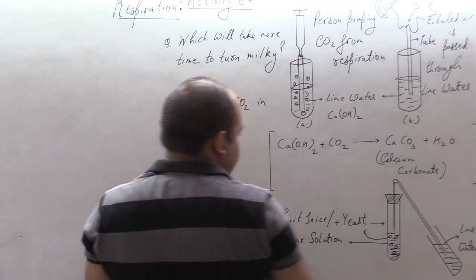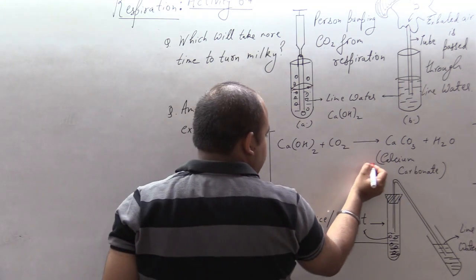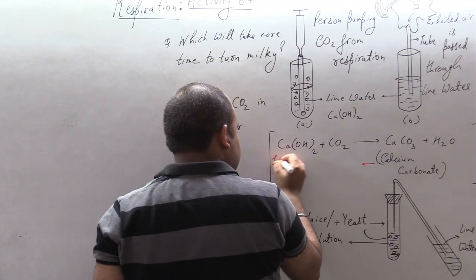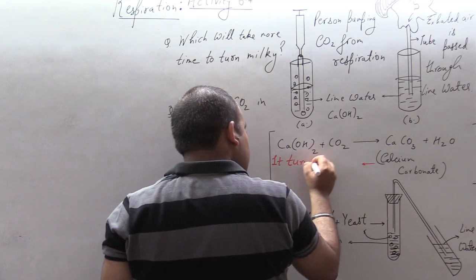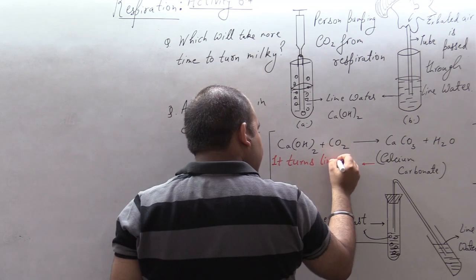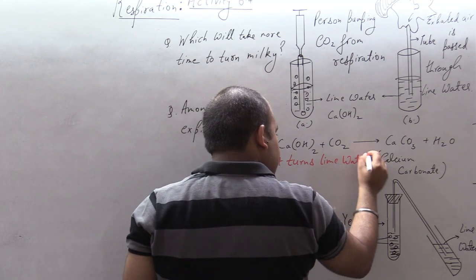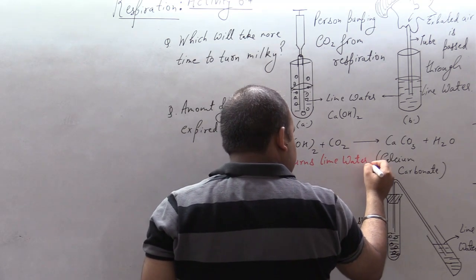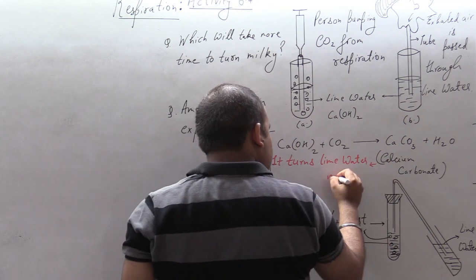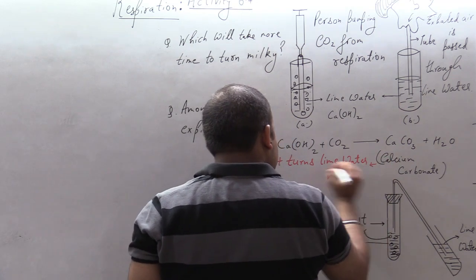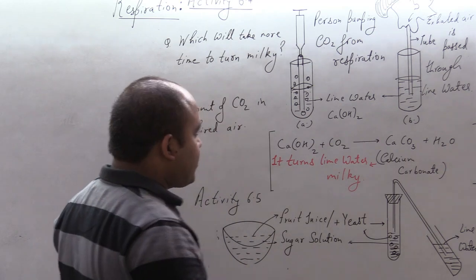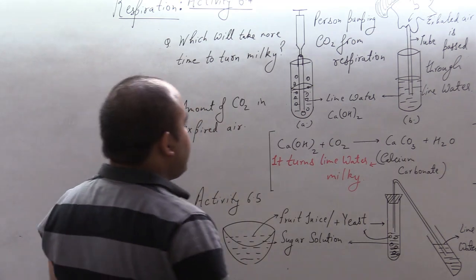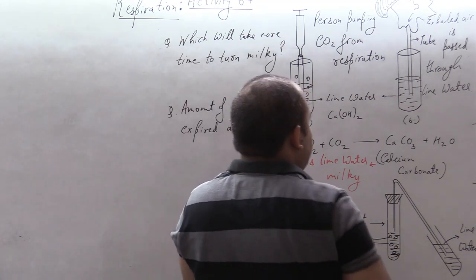Presence of calcium carbonate turns lime water milky. It is the one that is responsible for turning the lime water milky. So here, what is going to happen?